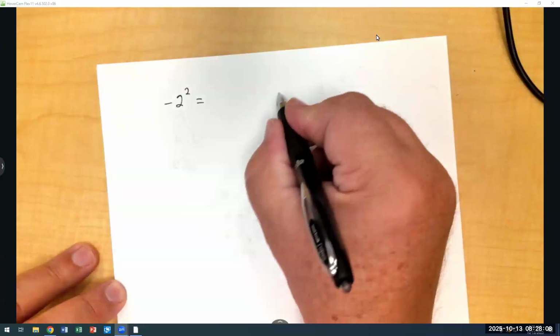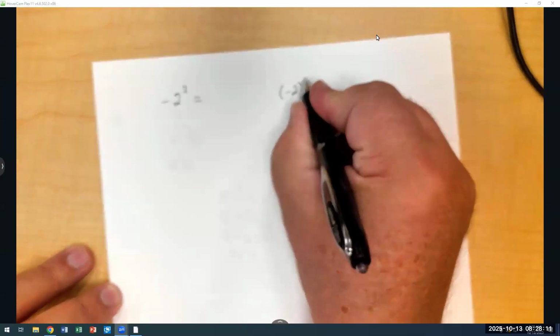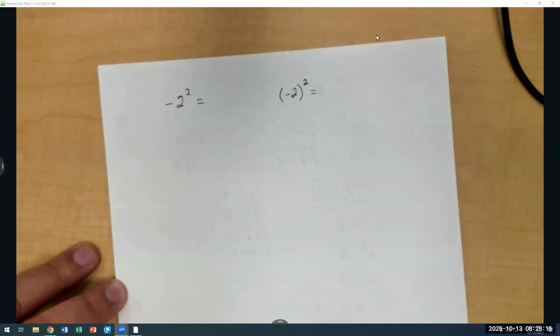Anybody agree? No. What's this one going to equal? That's 4, you're almost there, it's -4. What's the difference? Order of operations. Everything boils down to order of operations.